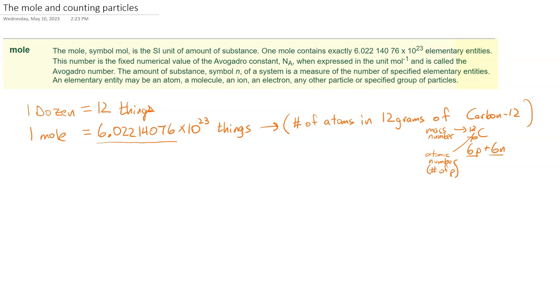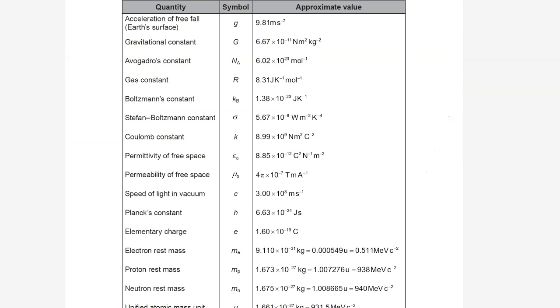We don't need that many digits of precision in IB physics. So if you look up Avogadro's constant in the data booklet, you will see that it is just given as 6.02 times 10 to the 23 things per mole.